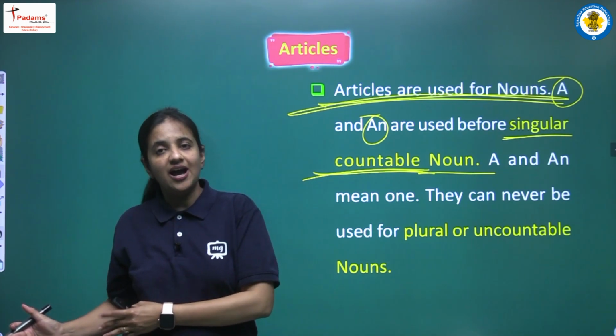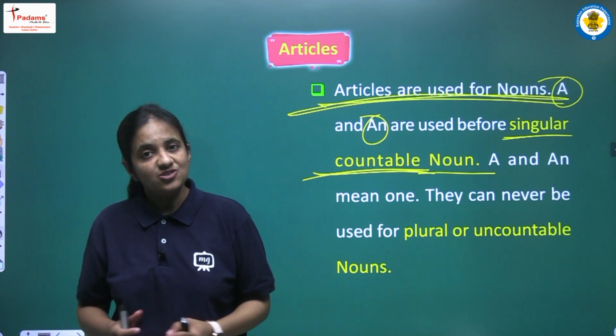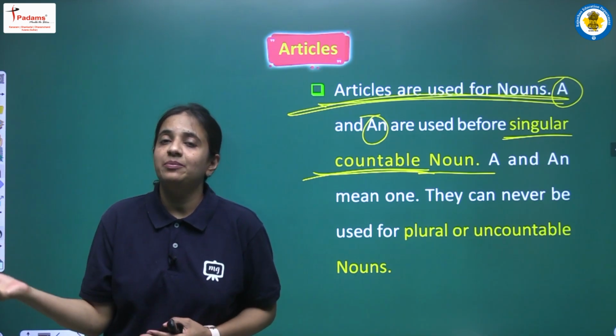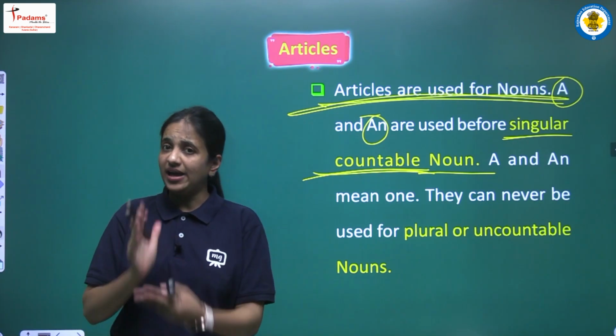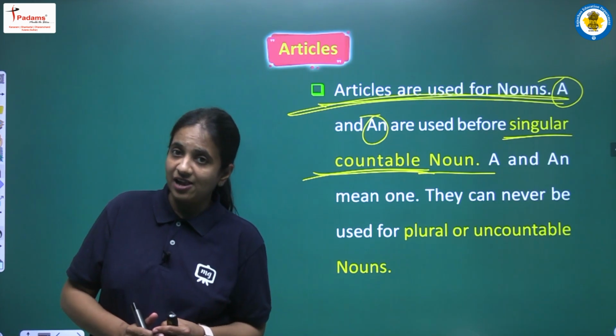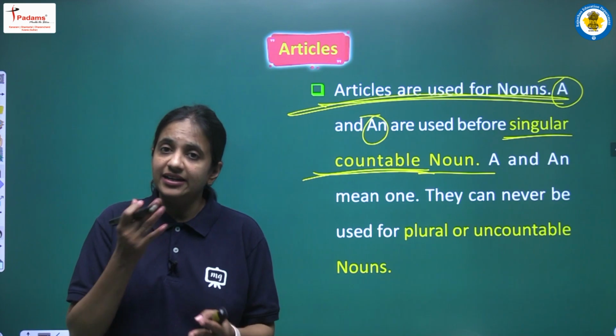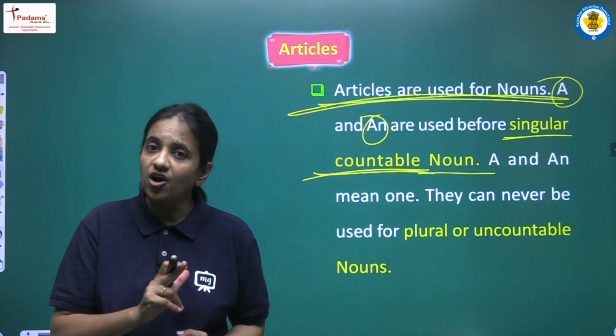Some nouns are countable, and yes, some nouns are known as uncountable nouns. So we have to be very careful when we are using the articles. First of all we have to see whether the given word is a noun or not, right?